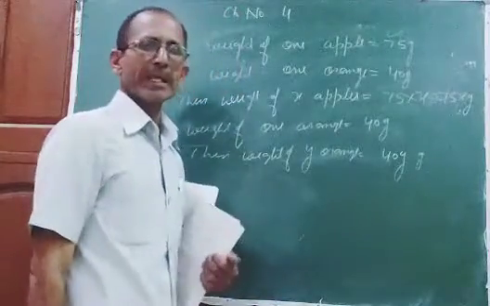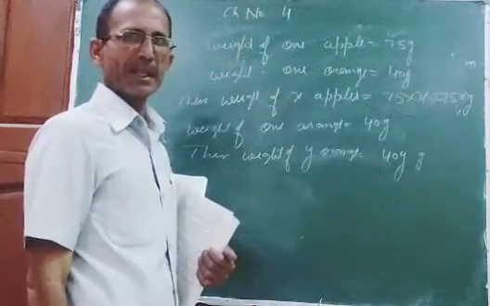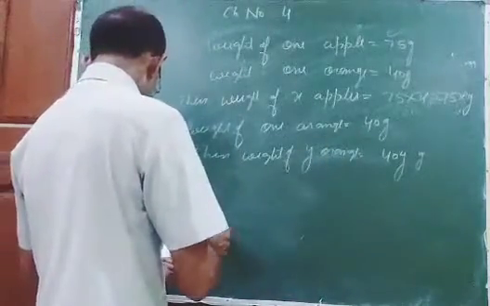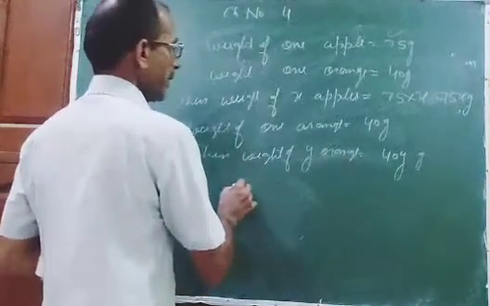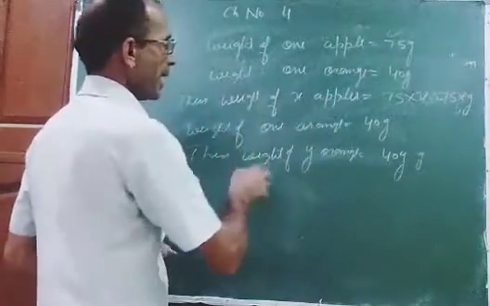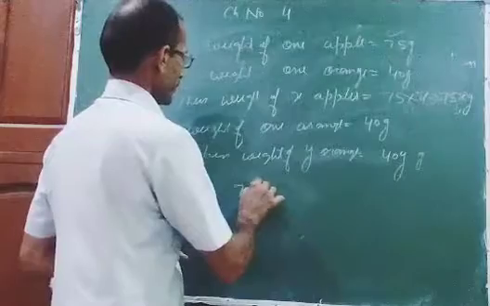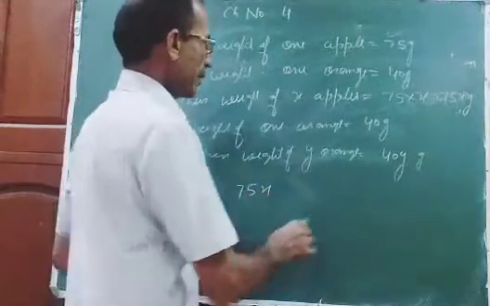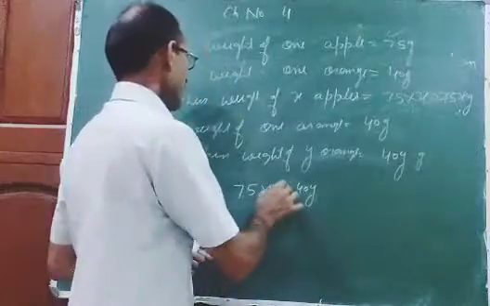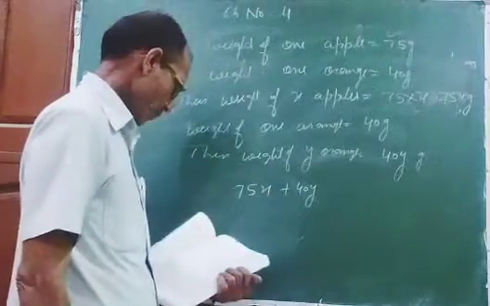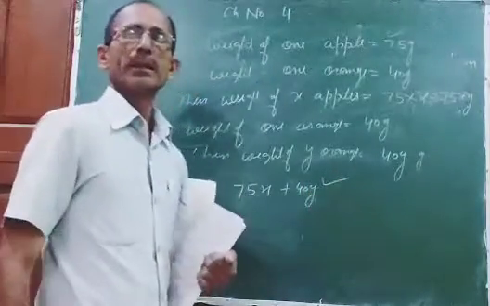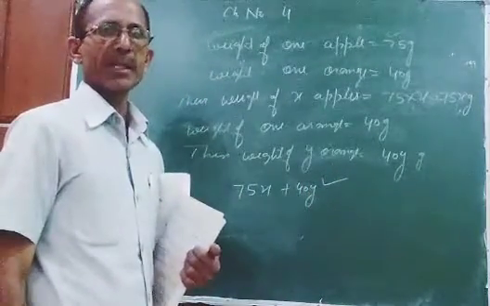Now we have to represent this statement in the form of an algebraic expression. So the total weight will be 75x plus 40y. This will be the algebraic form of this statement.